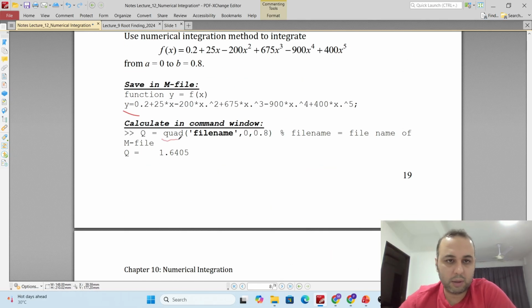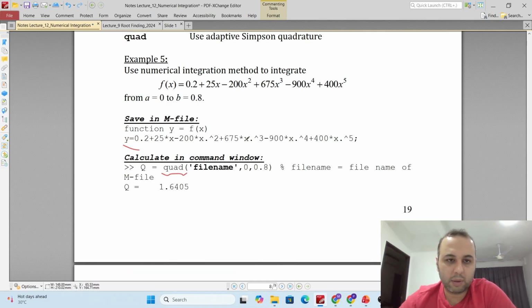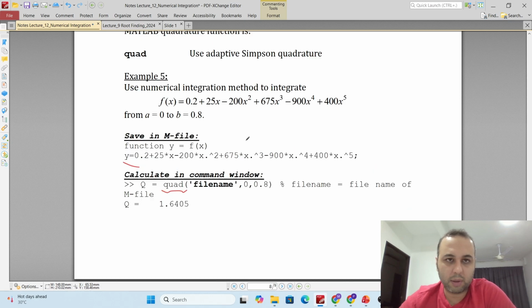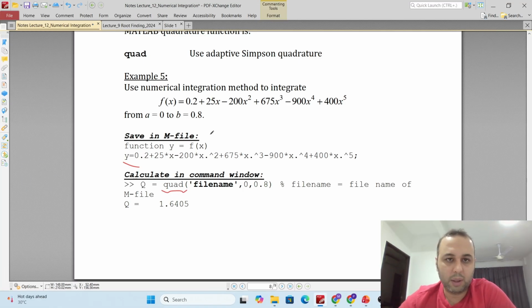And this is the formula. Quad, file name of the m function. Okay, I think that's all. MATLAB, you can try.